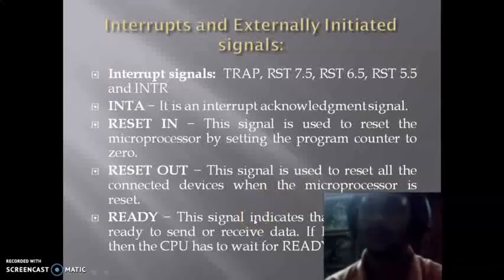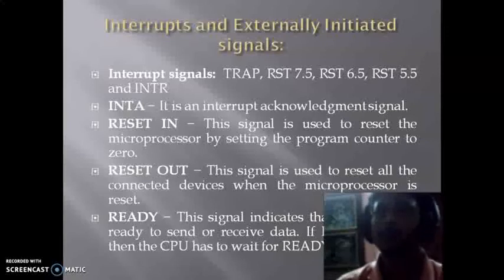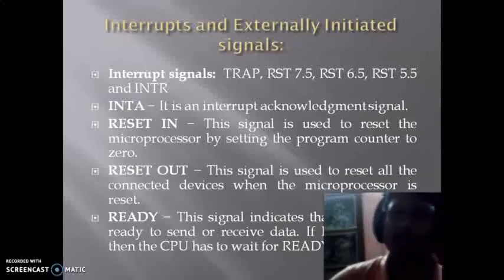And a ready signal, which is very important. Suppose the CPU has a higher frequency and a peripheral device connected with the microprocessor has a low frequency. Whenever the microprocessor tries to send some data to the peripheral device, because the speed of the peripheral device is very low, it cannot accept the data as fast as the microprocessor is sending. So the data may be corrupted.